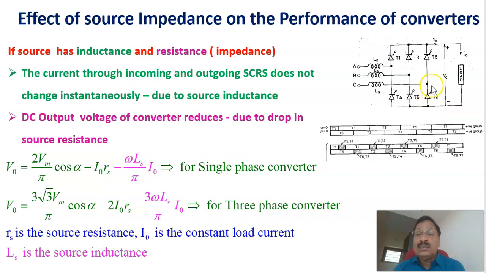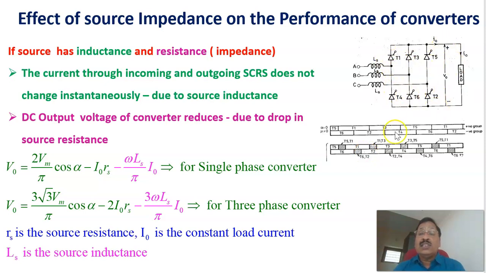Here the current in T2 is building up and the current in T6 is decaying. During that period, the load current I0 flows through T1, while one current is decaying and the other is building up. That happens because of the source inductance.